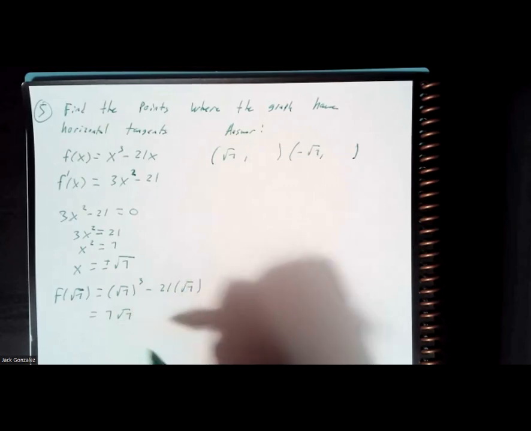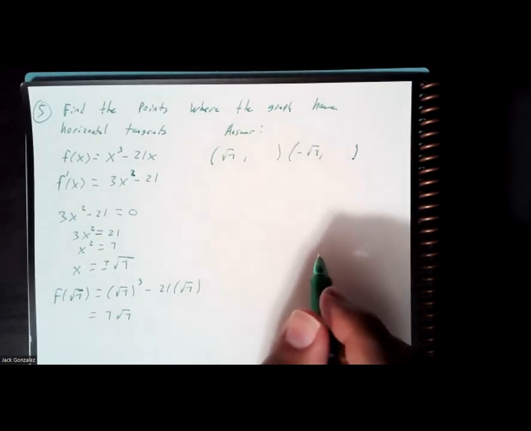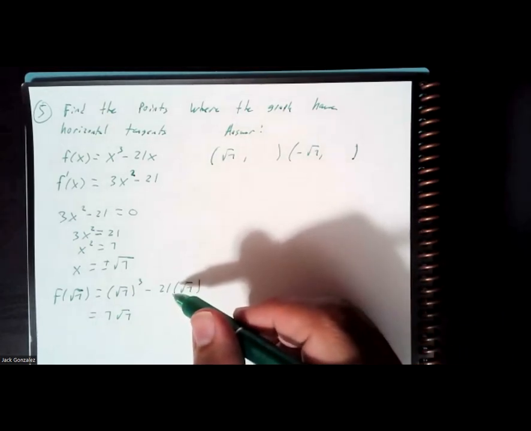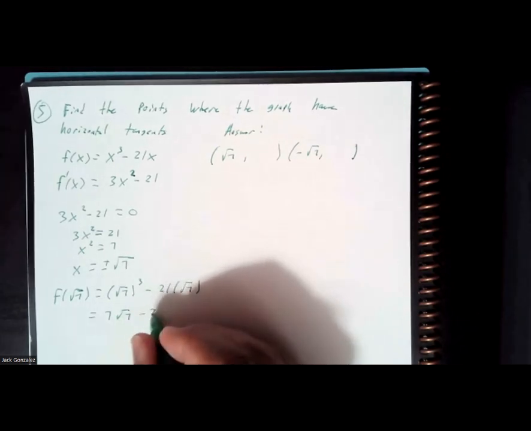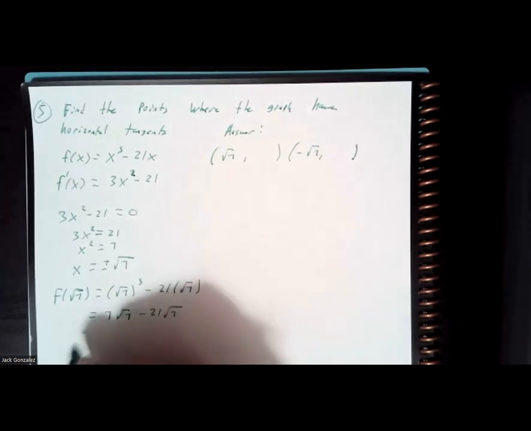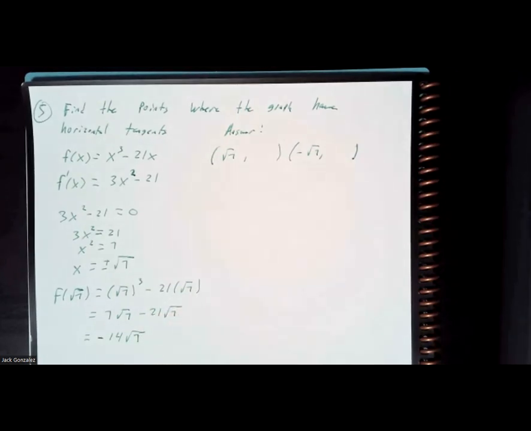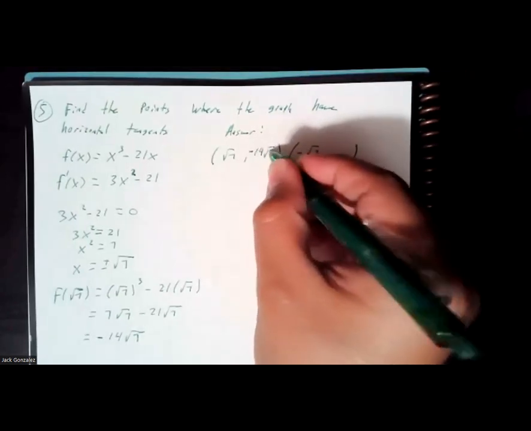Roots always throw me off a little bit. This one here. So we have 7 root 7 minus 21 of them. So we can combine those, right? Yes. That would be 14 of them. Sounds right.